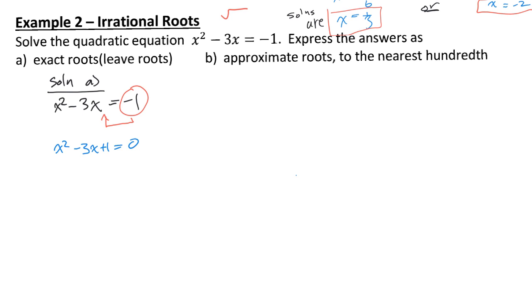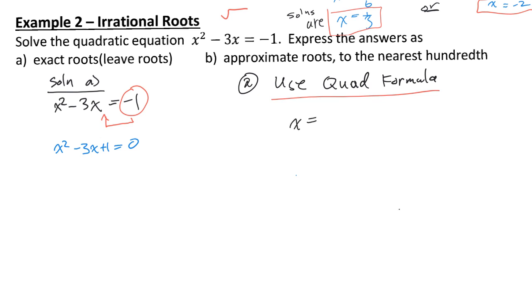Now remember, this is the second part of our problem. We're going to use the quadratic formula to eventually solve this. That requires us to have x is equal to negative b plus or minus the square root of b squared minus 4ac, over 2a.